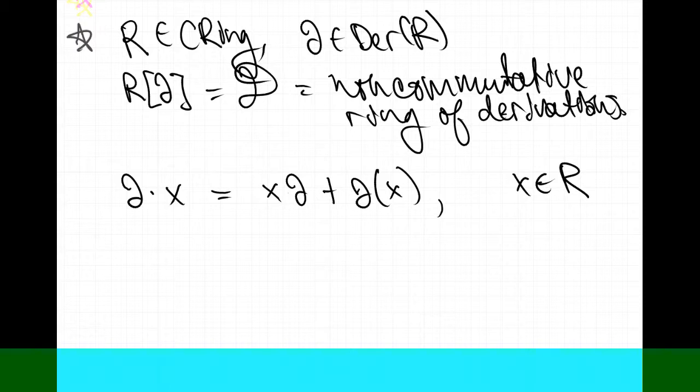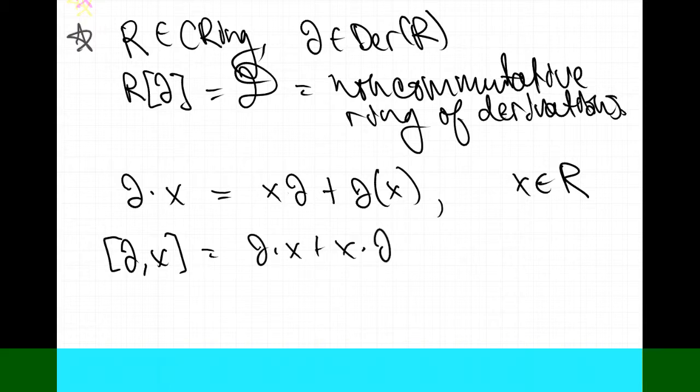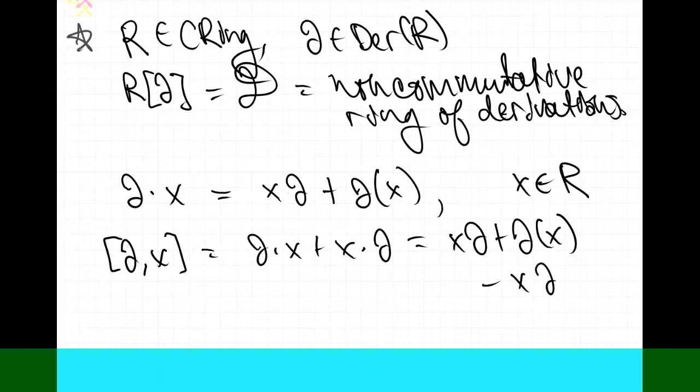You view x as a multiplication by x operator, and under this viewpoint, we can write d x minus x d. So this becomes xd plus this thing here minus xd, and this just becomes the derivative of x.